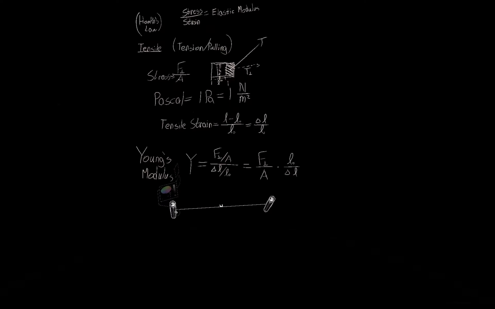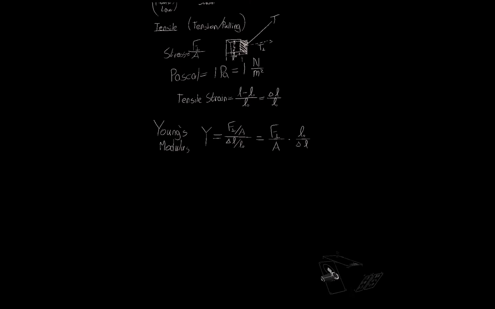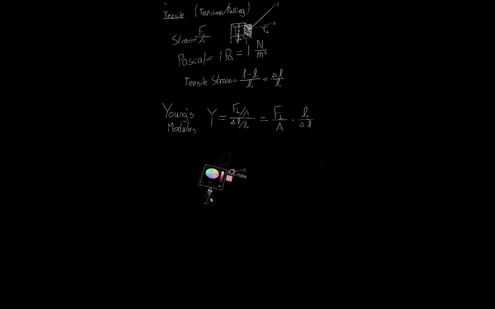All right, next one is bulk stress and bulk strain. Bulk stress is compressive stress. It's the opposite of tensile stress. Bulk stress is defined the same exact way, but the force is acting in the opposite direction. And another name for bulk stress is pressure. Bulk stress and strain.